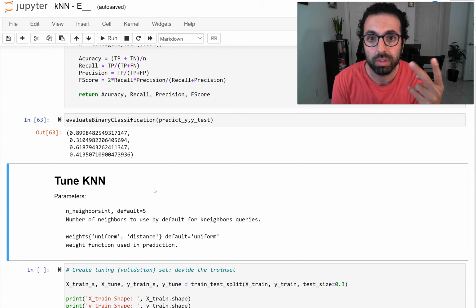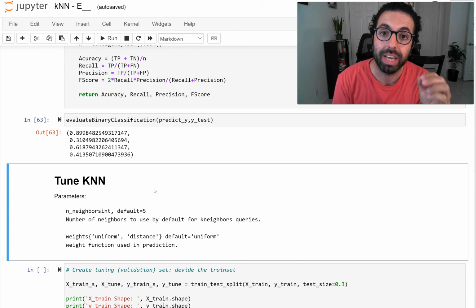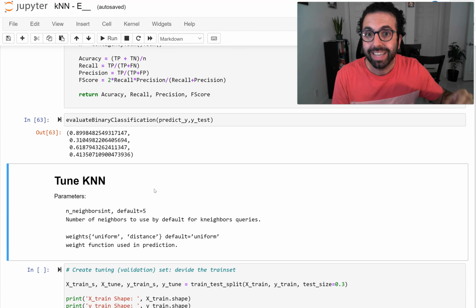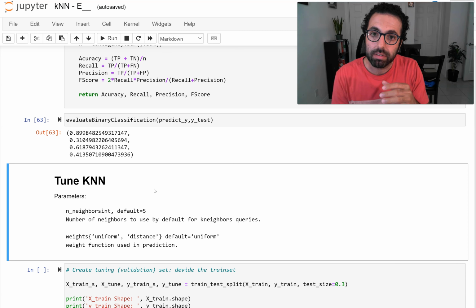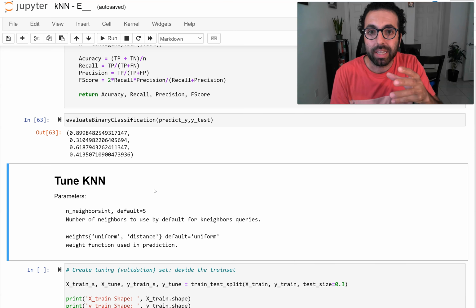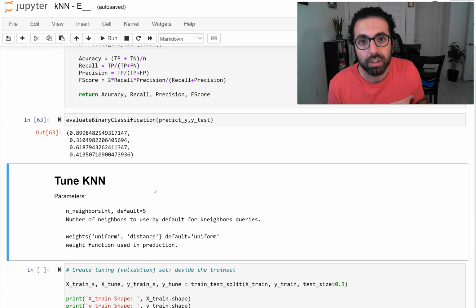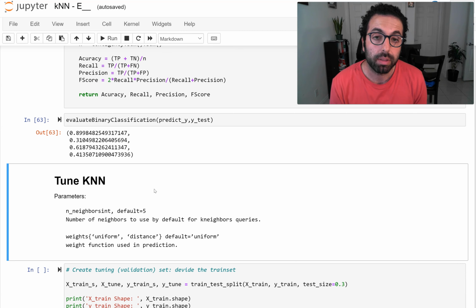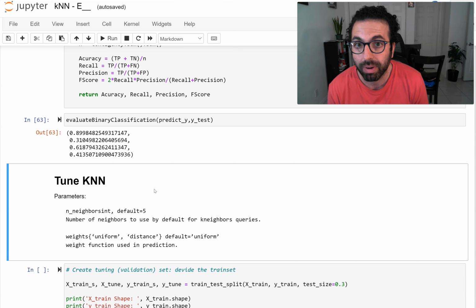There are two parameters that KNN can use for tuning. The first one is, of course, the number of neighbors. The second one is the way that the algorithm makes that final decision. Among the k nearest neighbors, every time we have some of them as one class and some of them as the other class.